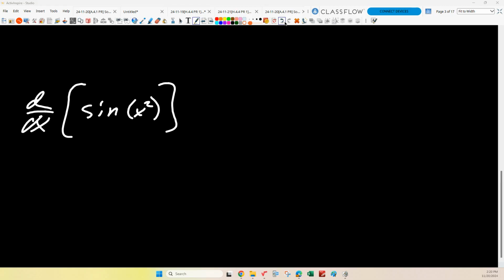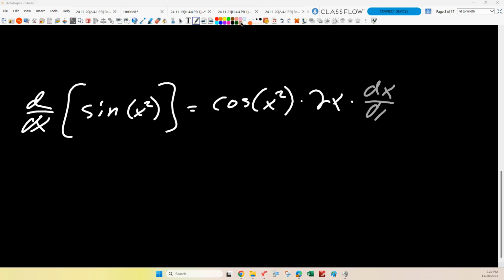Okay, do this one. How many layers? 2. Okay. So what's that equal to? What's the first layer? Cosine of x squared times the derivative of x squared, which is what? 2x times my other invisible layer that we never counted, which is dx dx, which is just 1.